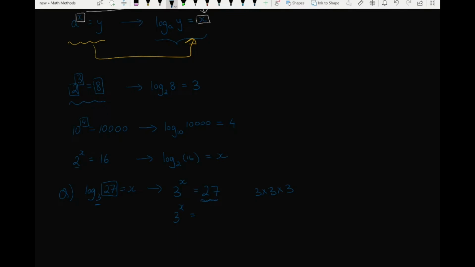So now we can write this 27 as 3 raised to 3. Now because our bases are the same, so this is 3 raised to x, and that equals 3 raised to 3, which means our powers equal each other. So we can say that x equals 3.